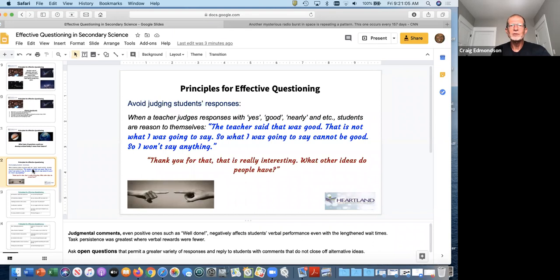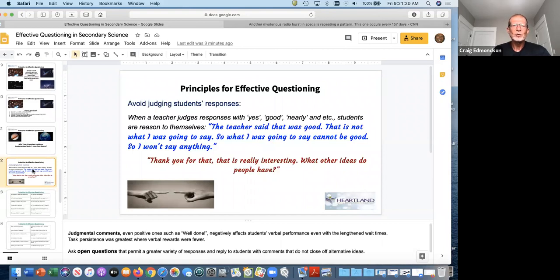That is not what I was going to say. So what I was going to say cannot be good. So I won't say anything. It stifles the conversation. Maybe a reply similar to this: thank you for that. That is really interesting. What other ideas do people have? Again, going back to that open-ended guiding question that keeps them on task and digging further.